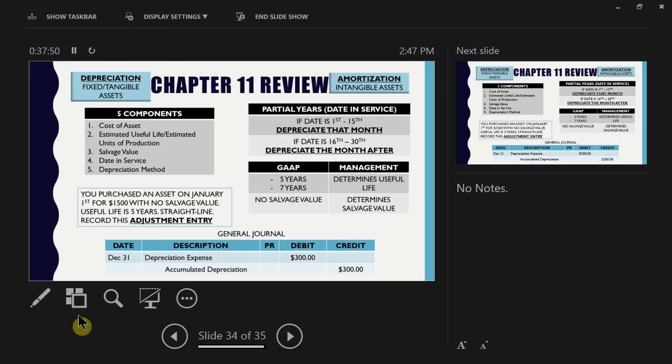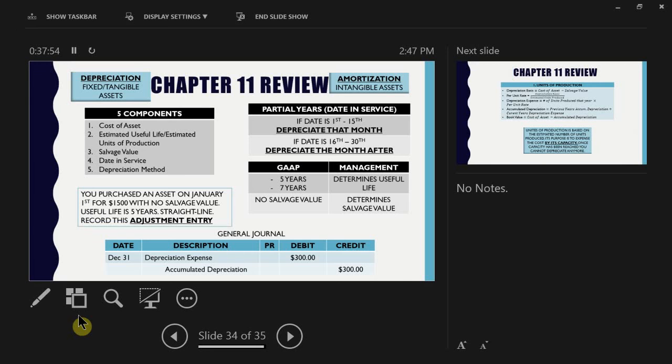All right, chapter review. Again, we learned about what depreciation is. When we look into straight line, I'll go over what amortization is. The 5 components of depreciation are your cost of asset, estimated life, salvage value, date in service, and your depreciation method.